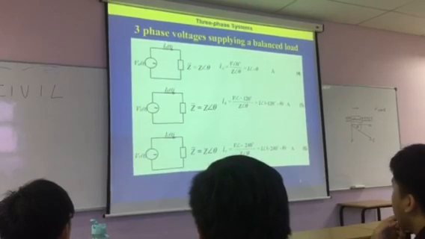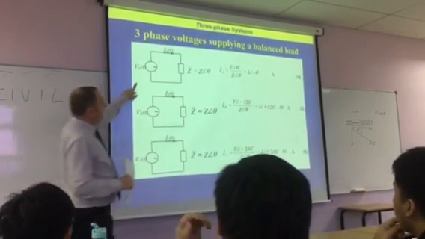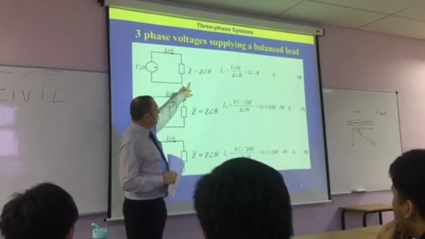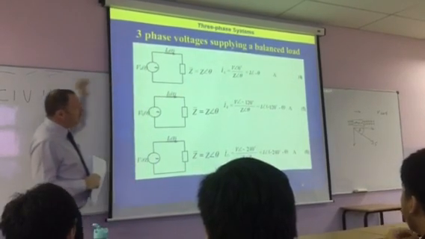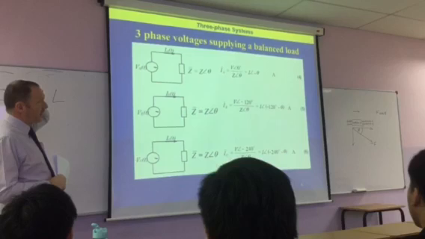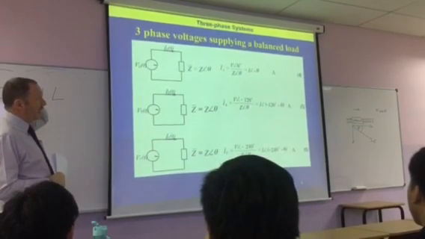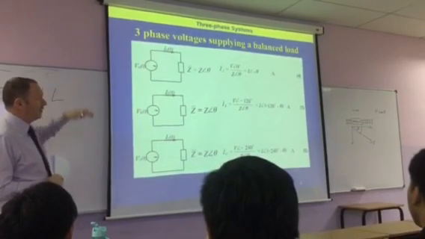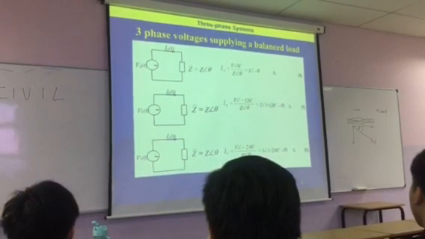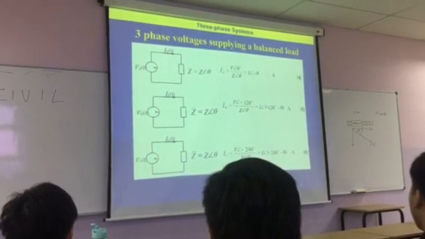For voltage supplying a balanced load, there's no impedance. So we can look at the current lag there, and again it's consistent. So I'll put those two together.